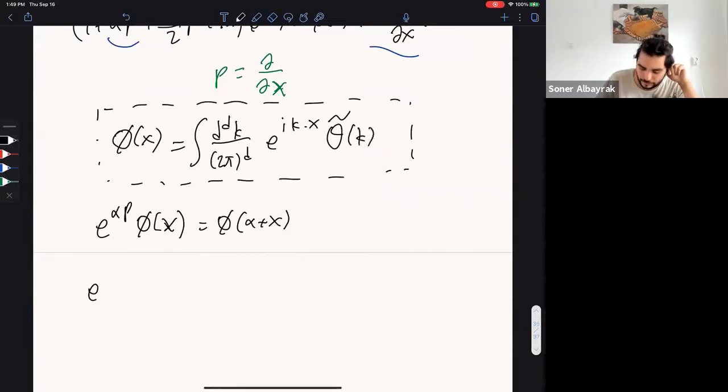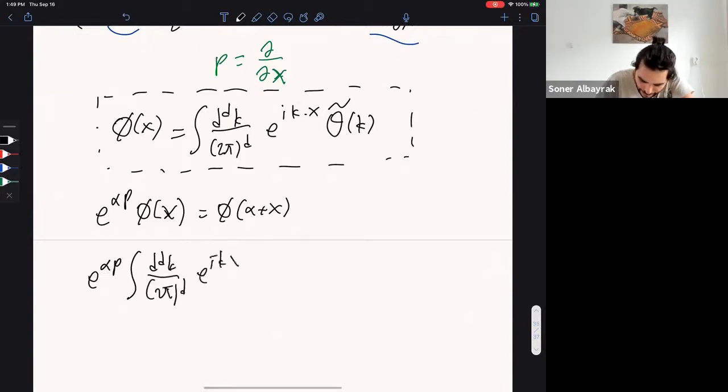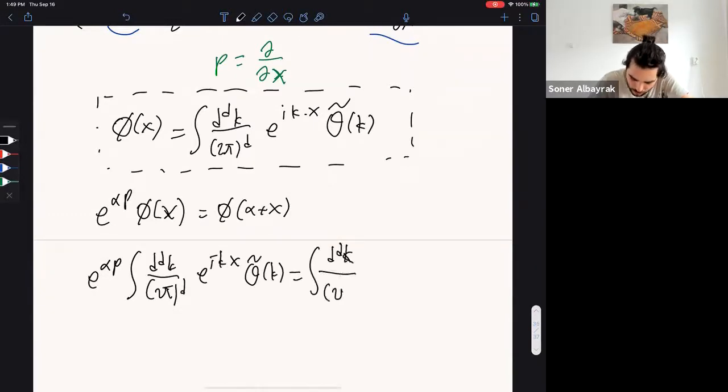So that means e to the alpha p acting on the integral d^d k over (2 pi)^d of e to the i k x phi tilde(k) is equal to the integral d^d k over (2 pi)^d of e to the i k (x plus alpha) phi tilde(k).